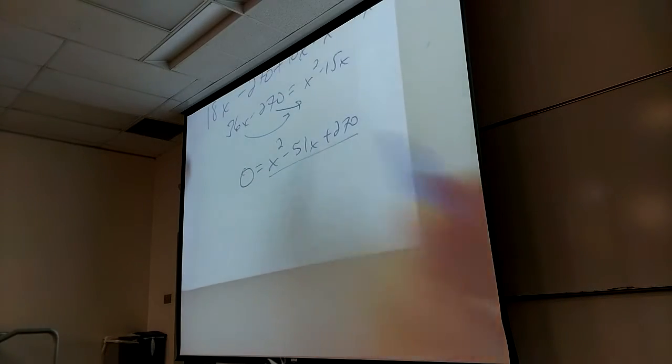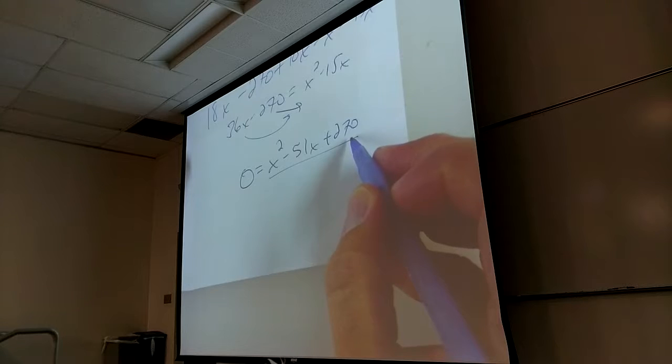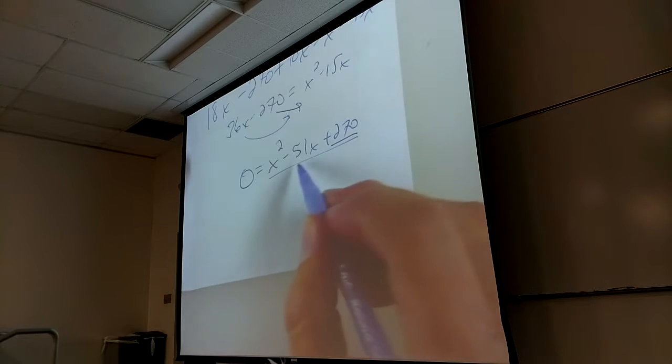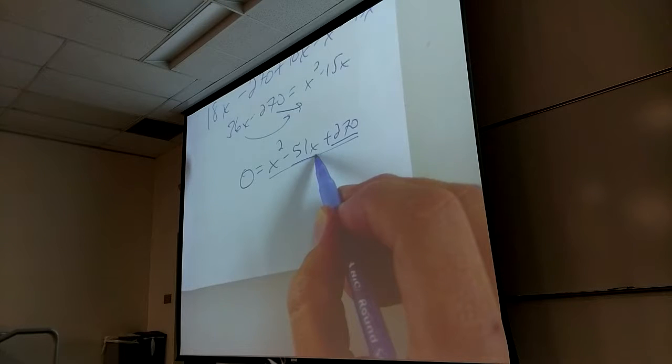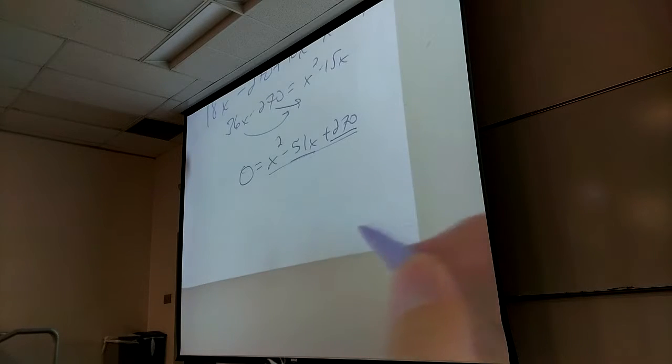Now this is just too yummy to believe. You got to get two numbers that multiply to 270 and add to be 51. Both be negative. So negative 54 and 5?